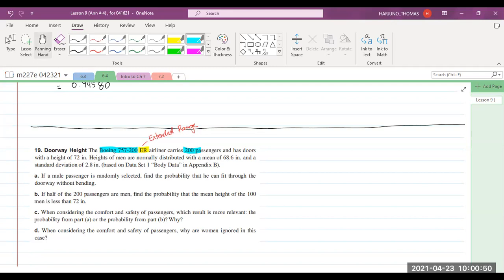So this turns out to be more economical for the airline company. Now, the doors have a height of 72 inches. Heights of men are normally distributed with a mean of 68.6. So let X be the height of a man.